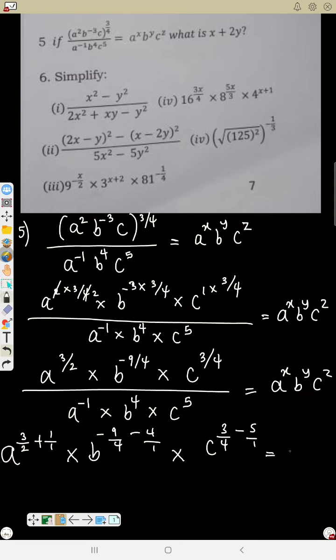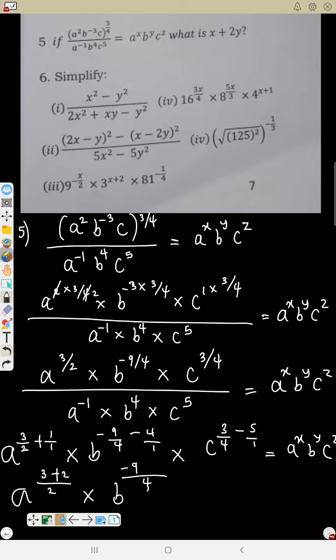So still equals to, now, what is the LCM here? A raised to power, LCM is 2. 2 into 1, 1 times 3, 3 plus 1 into 2, 2 times 1, 2, times b raised to power, LCM 4.